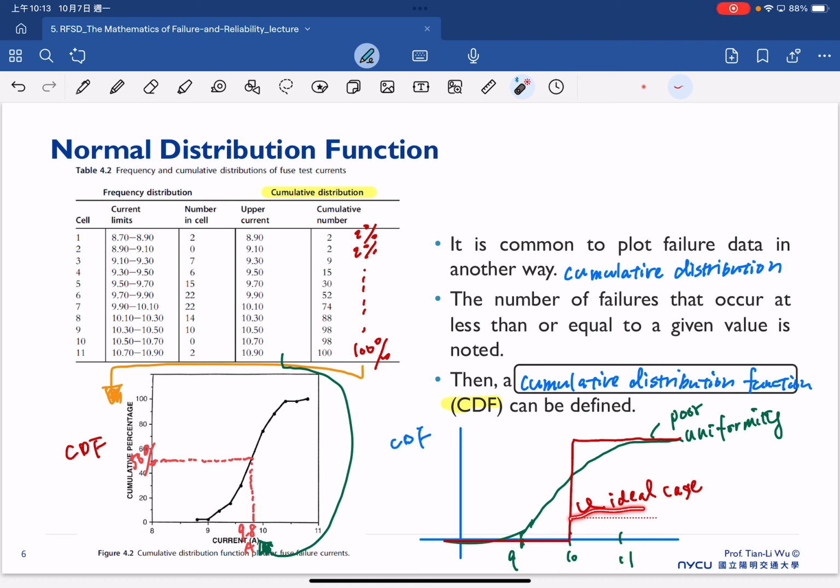So of course the ideal case suggests that we have very good uniformity.